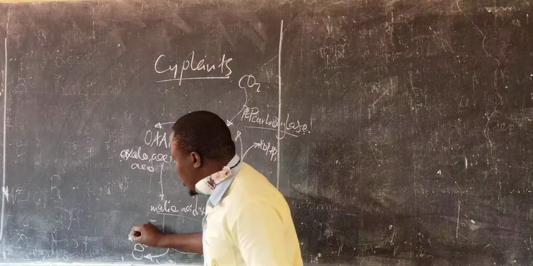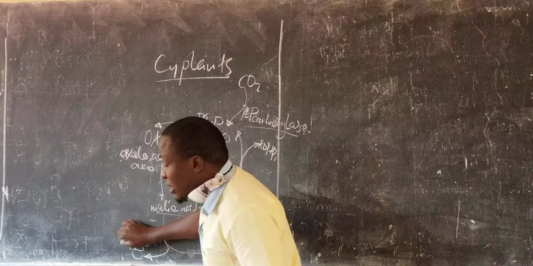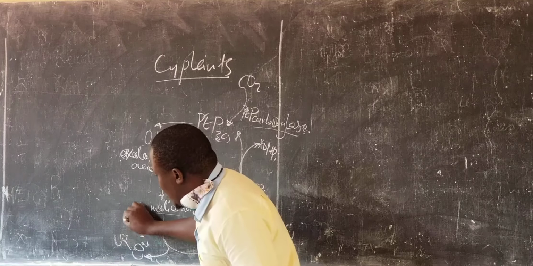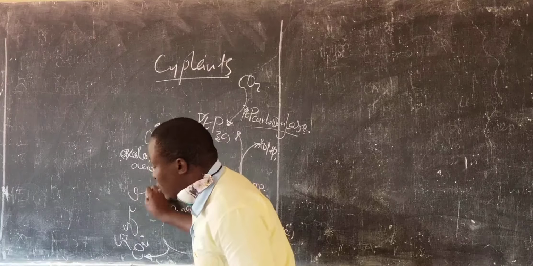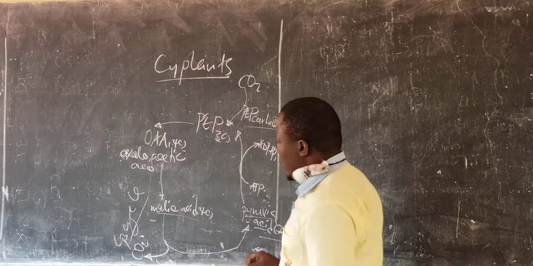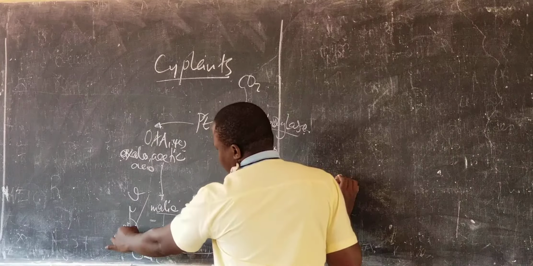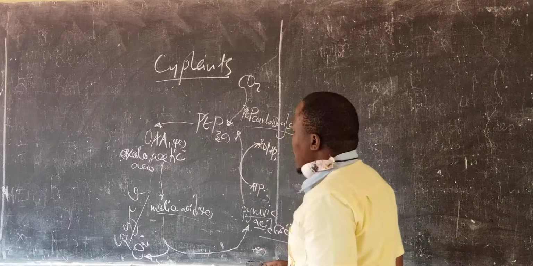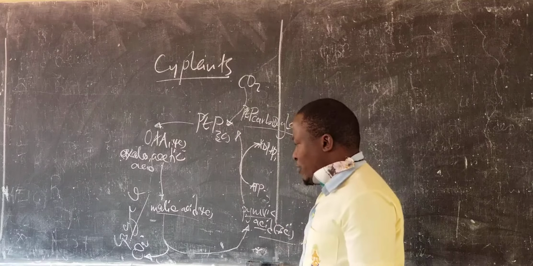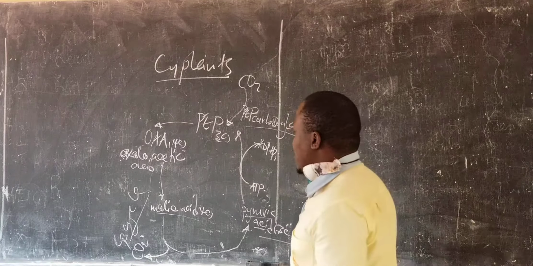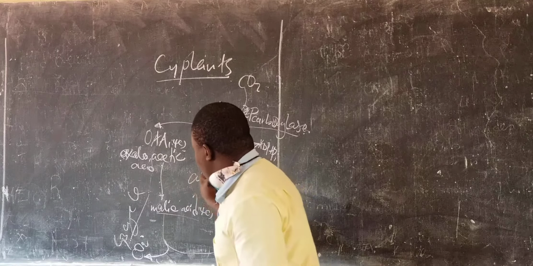I want you to take note of that. This carbon dioxide goes to the C3 cycle, where it is accepted by Rubisco, and the reaction proceeds like we mentioned in the C3 plants. So this is called the C4 cycle.